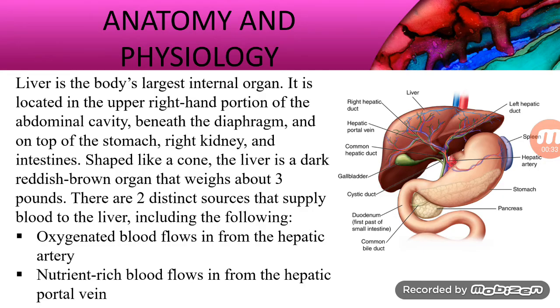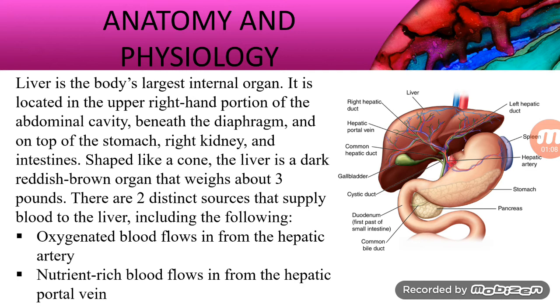First of all, before moving on to the topic, let us remind ourselves of the anatomy and physiology of the liver. The liver is the body's largest internal organ, as you all know, and it is located in the upper right hand portion of the abdominal cavity, beneath the diaphragm, and on top of the stomach, right kidney and intestine.